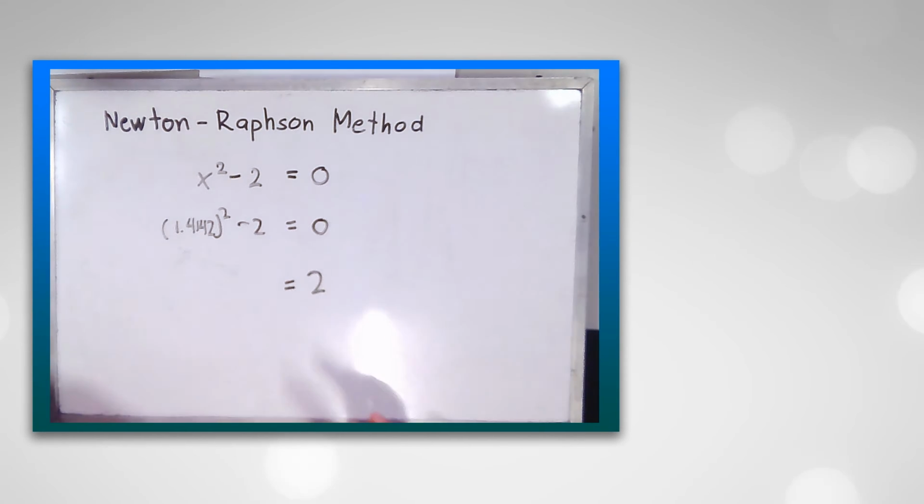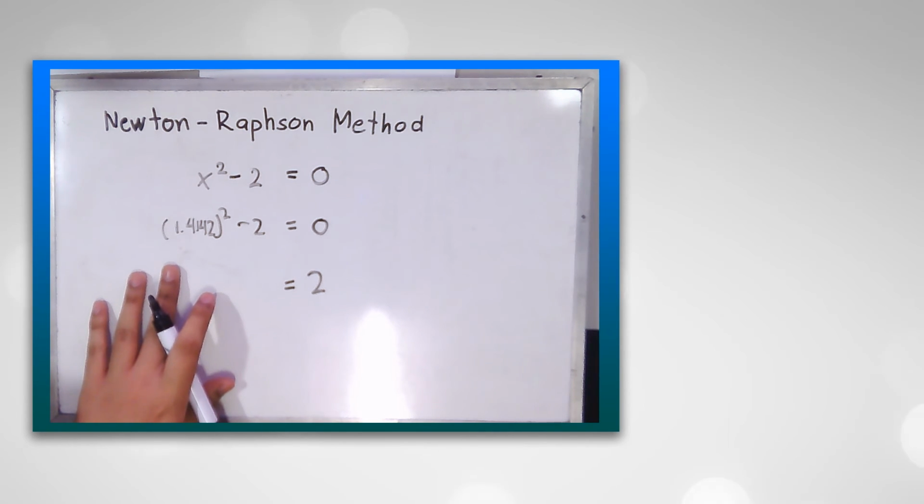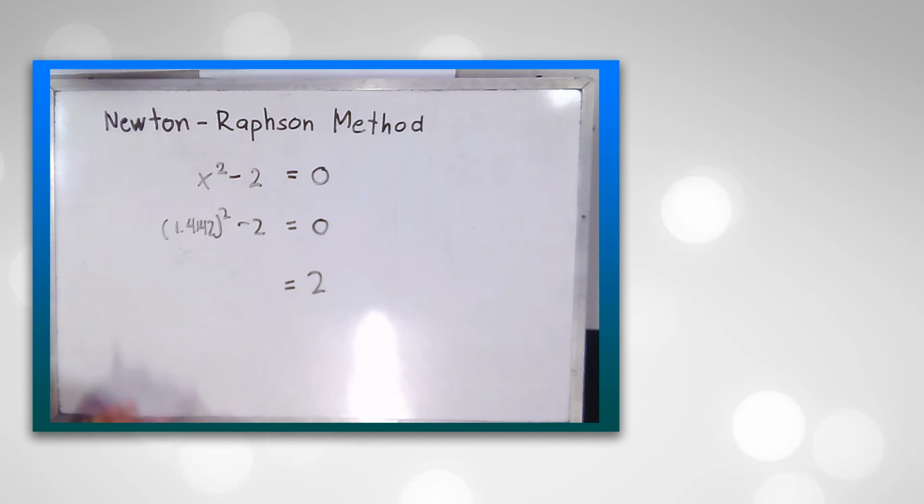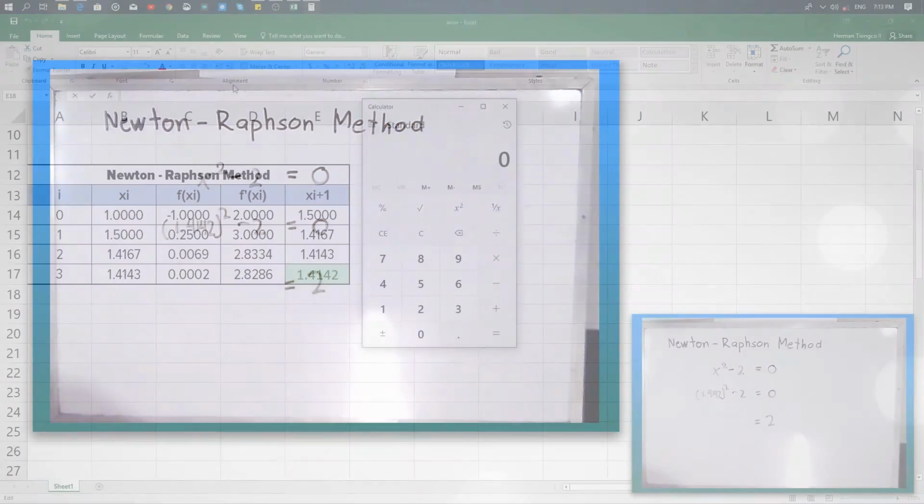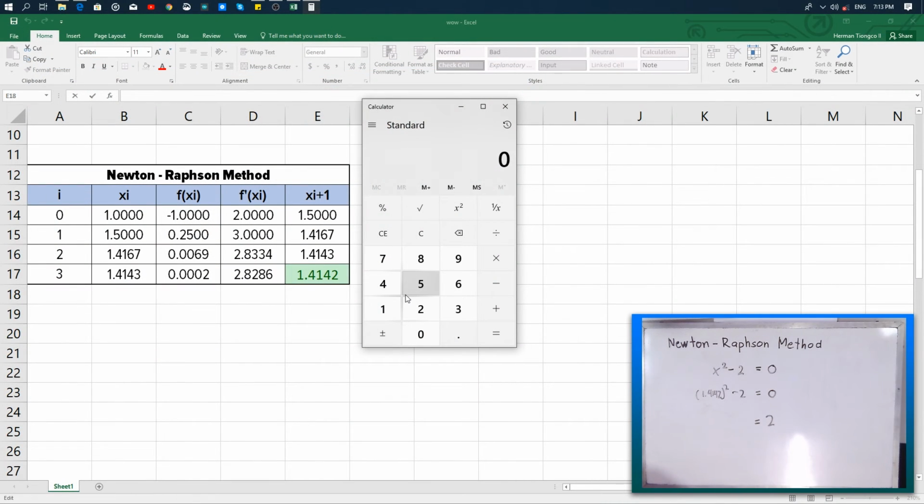So moving the 2 to the other side, we will now be solving for this value. 1.4142 squared is equal to 1.9999.